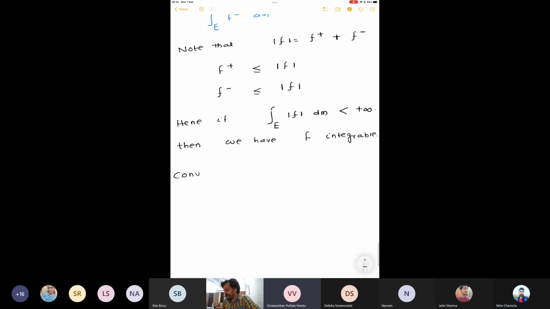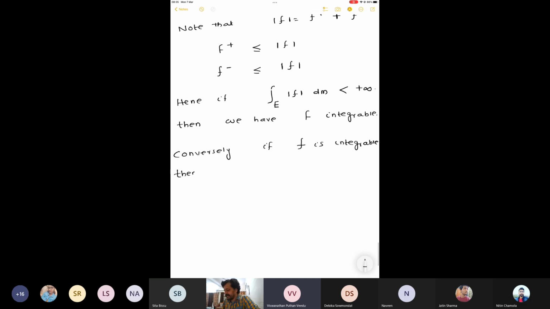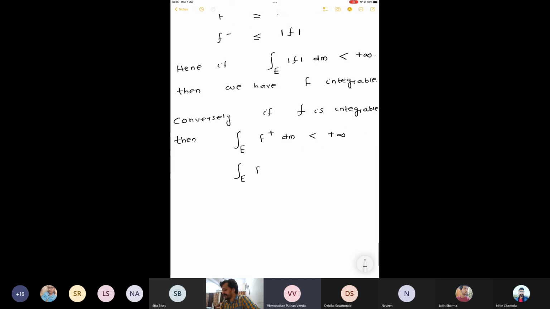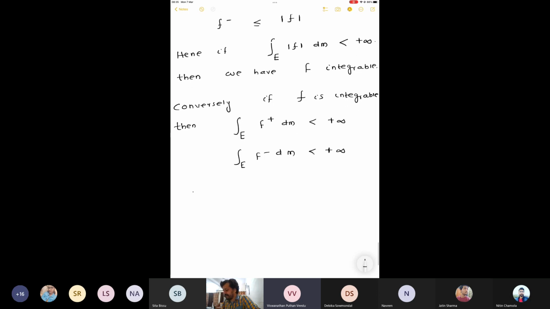Conversely, if f is integrable, then integral over E f plus dm is less than plus infinity and integral over E f minus dm is less than plus infinity, and that will imply integral over E mod f dm is less than plus infinity.